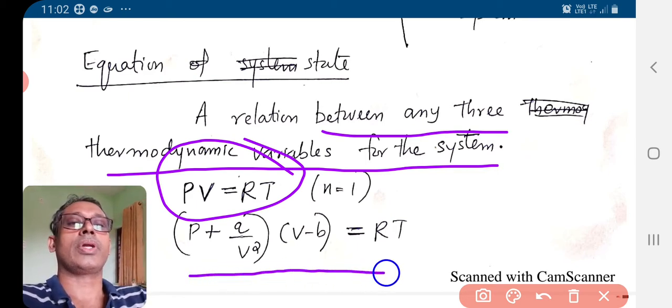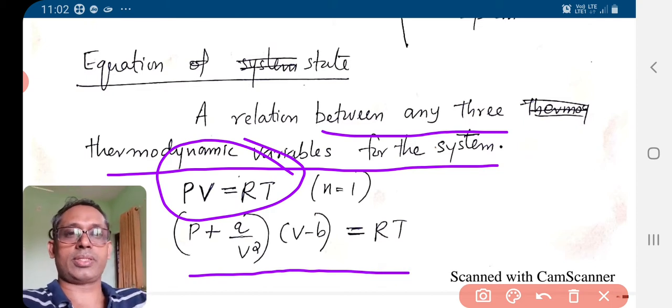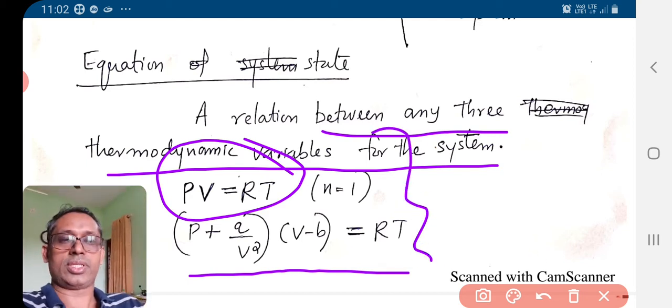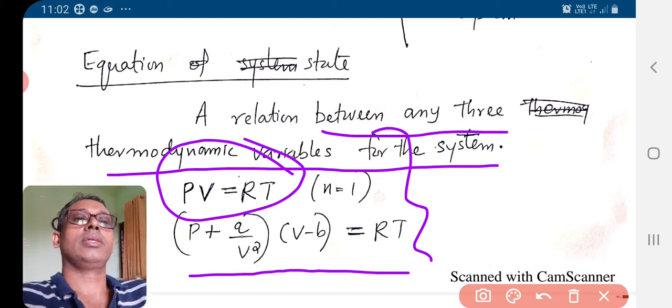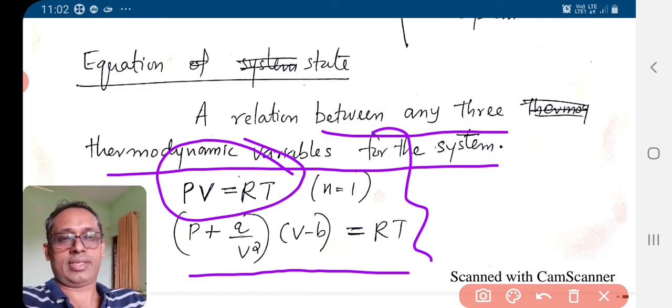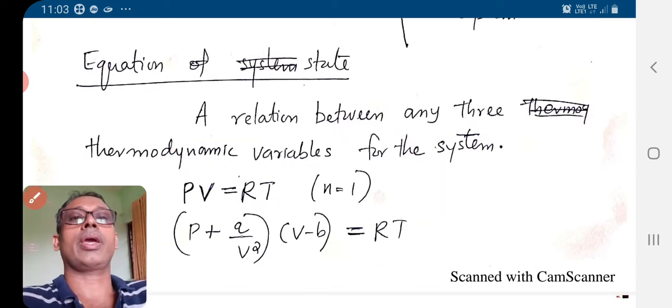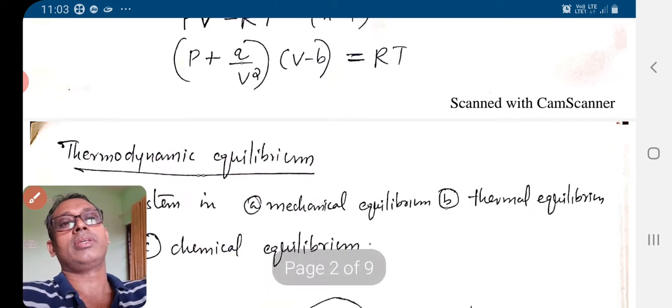Same way for a real gas, we have (P plus a by V squared) into (V minus b) equal to RT. These are all equations of state, relations connecting thermodynamic variables of the system. Okay, so that is the equation of state.